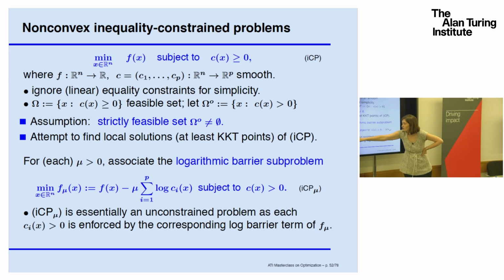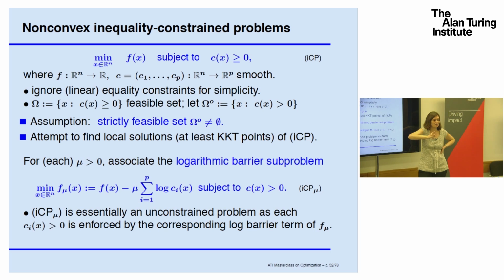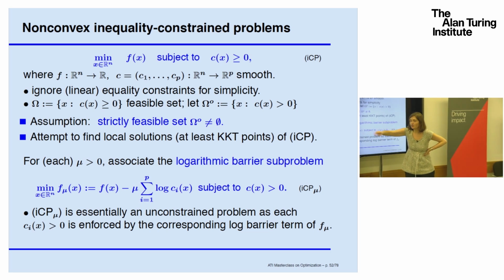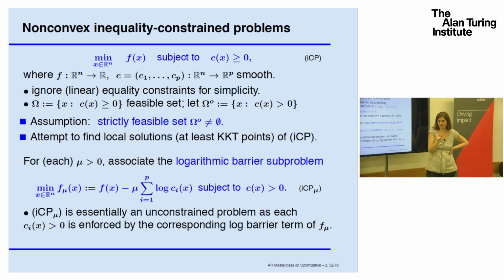So when this is close to 0, log of 0 is minus infinity, with the minus sign here, plus infinity. So this term blows up at every boundary of my domain. That means that the function is very large at all the boundaries, and so the minimizer of it must be well inside the feasible region.